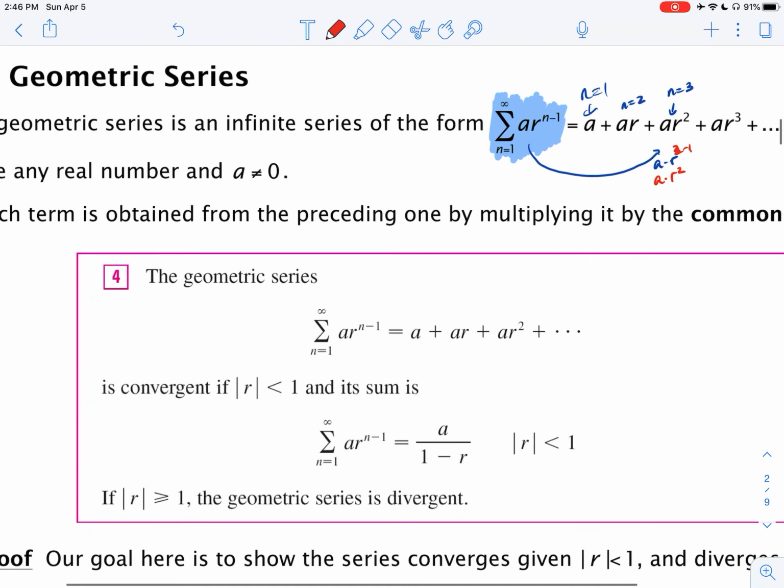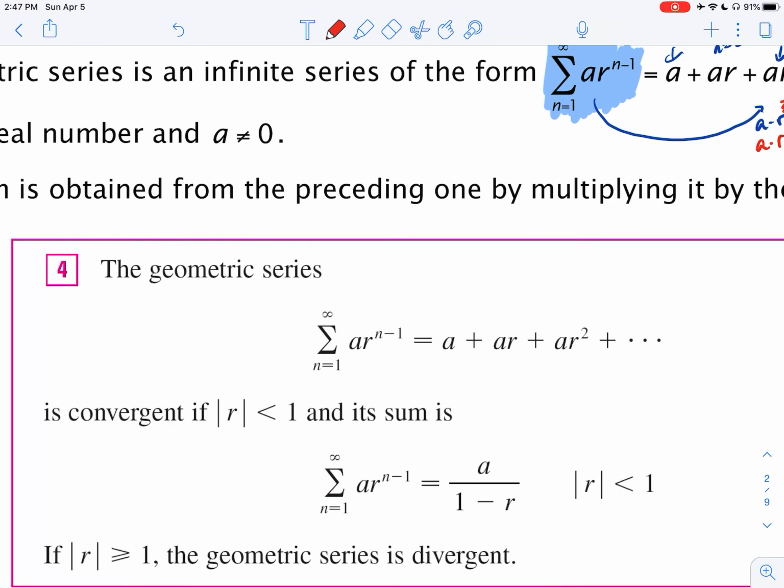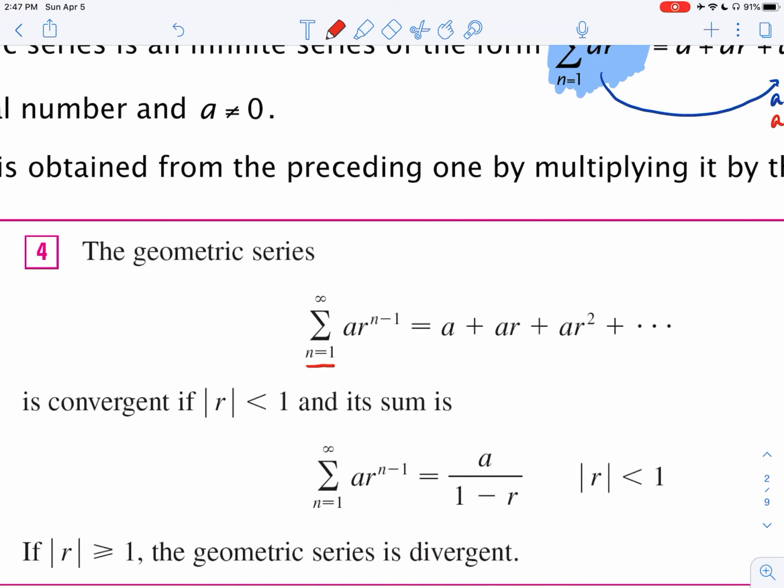So I'd also like to take the opportunity to note that the equivalent sum right here, you can also write your geometric series if we were to change the starting point of n equal 1 to n equal 0, then we would actually change the n minus 1 to just n.